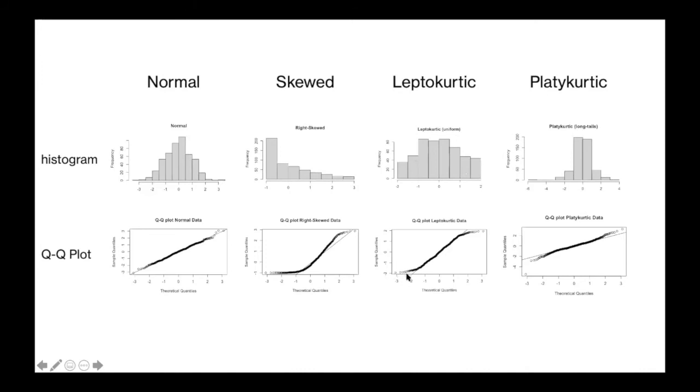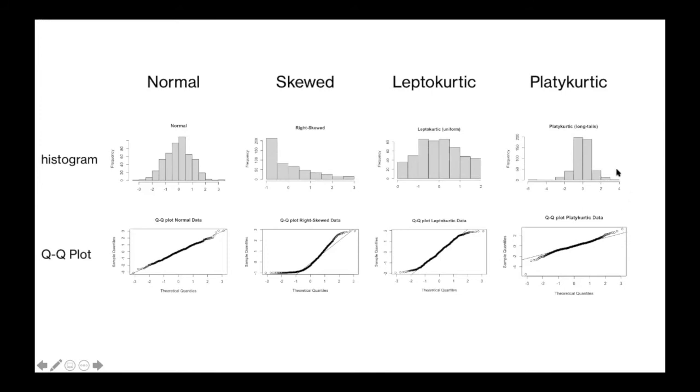Okay. In terms of our distribution that is leptokurtic, or too uniform, or not peaked enough, we can see that the small observations are not small enough and the large observations are not big enough. So we have the data points falling above the line at low values and below the line at high values. In terms of the platykurtic distribution, the situation is entirely the opposite. Our small values are far too small, they're falling below the line, and our large values in our sample are too large.